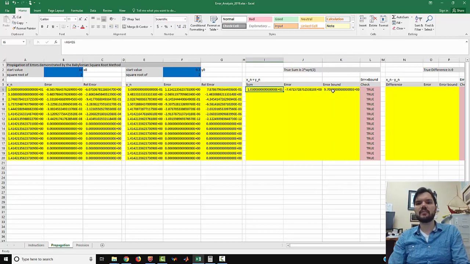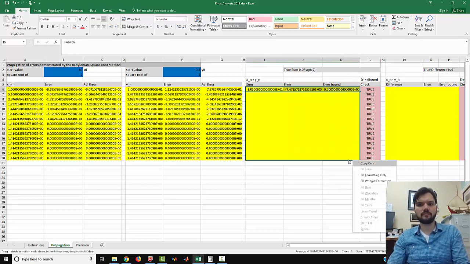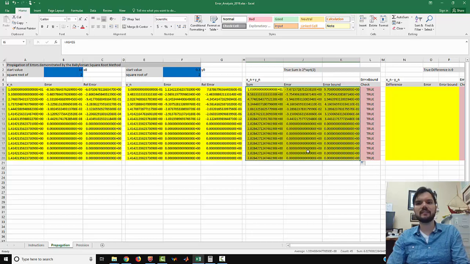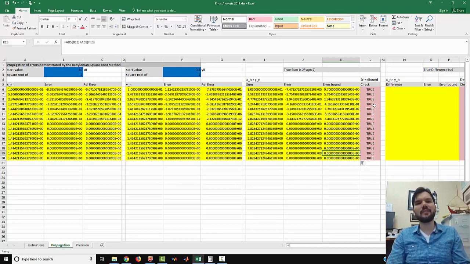And if we continue by dragging and dropping this all the way down, we can see that the error bound is satisfied all the way.